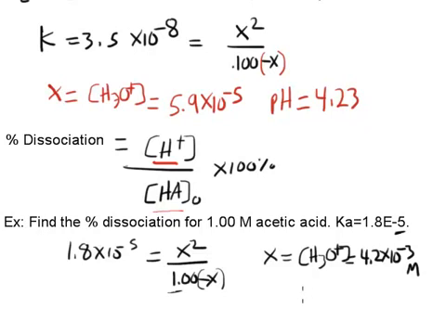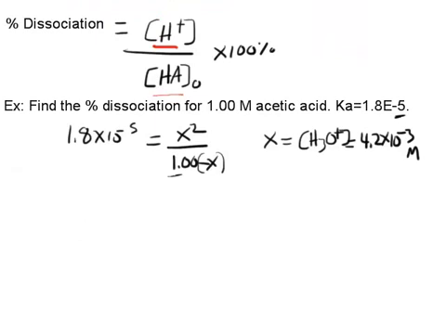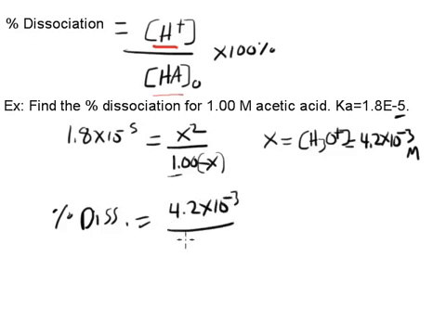And so when you find your percent dissociation, it's going to be our x value, our hydronium value, all over the initial concentration originally before it dissociates at all times 100. So that is going to be 0.42% dissociation.